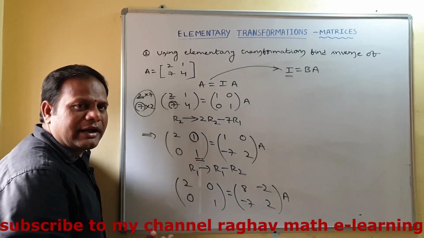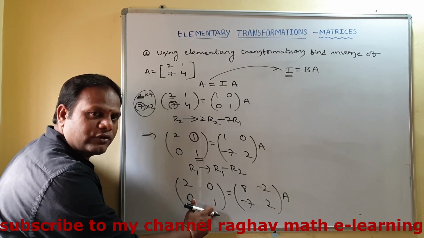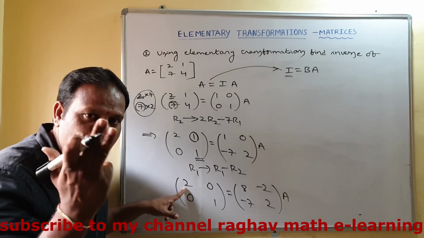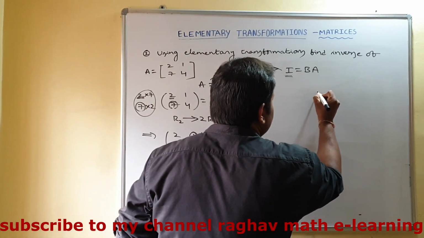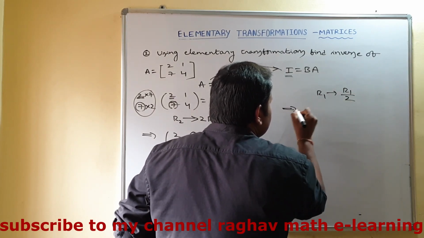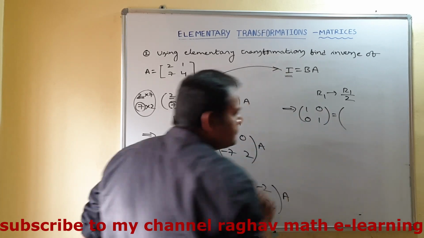To get the identity matrix, here we want 1. Here we already have 1. So divide the first row by 2, then it will be 1. So the last operation is R1 changes to R1 by 2. Then on the left hand side we got 1 0 0 1, is equal to.